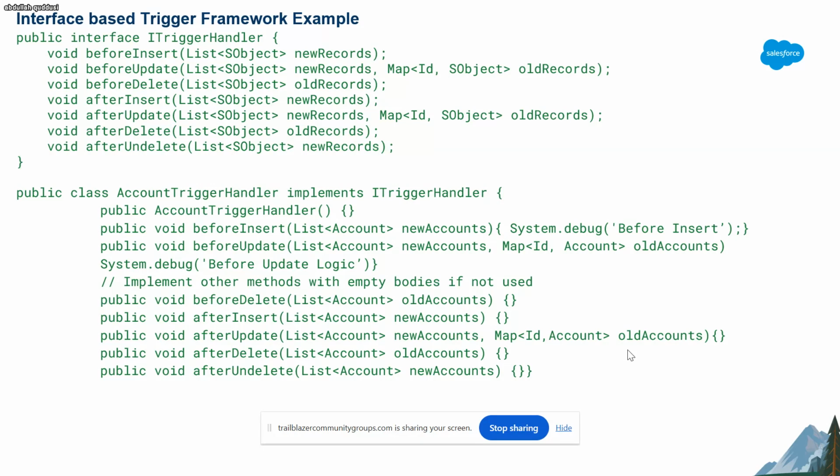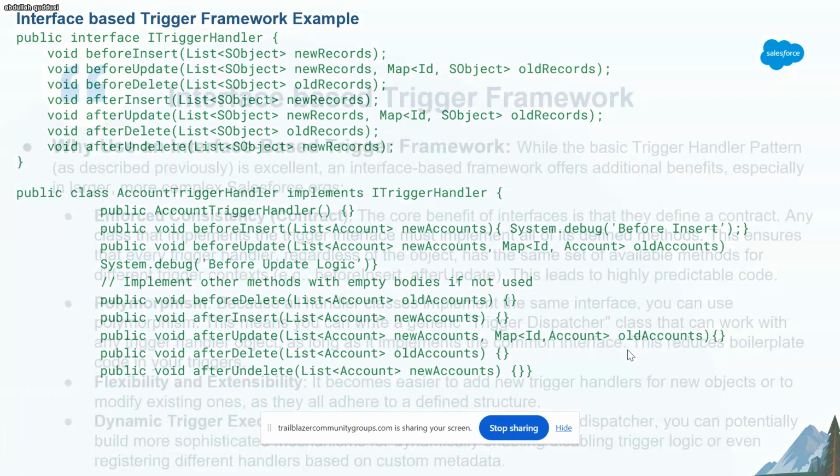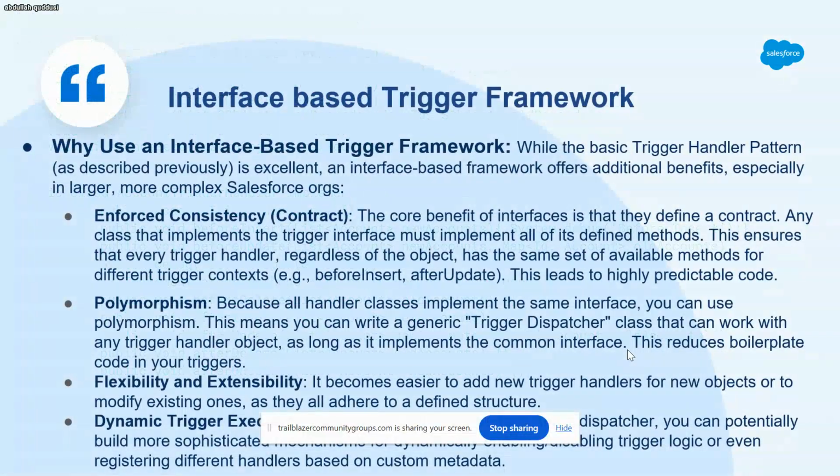So what are the problems this interface based trigger framework resolves? Why do we use an interface based framework? While the basic trigger handler pattern is excellent, an interface based framework offers additional benefits, especially in large, more complex Salesforce organizations. The core benefit, as I already told you, is that it is a contract.